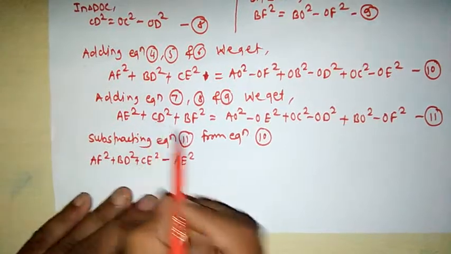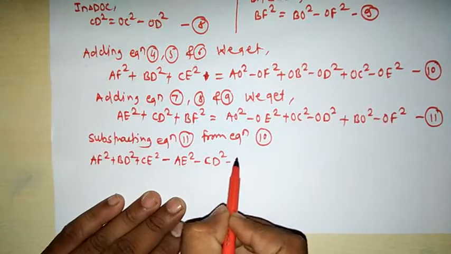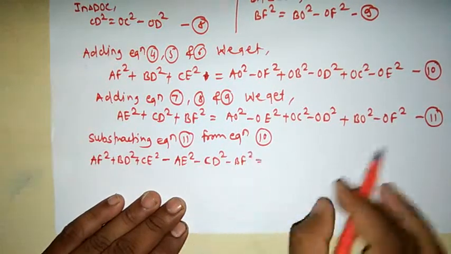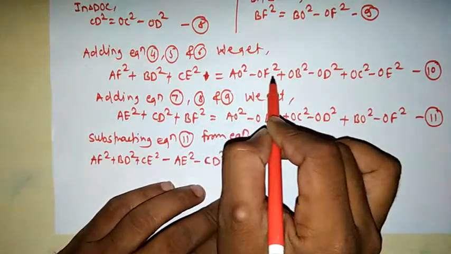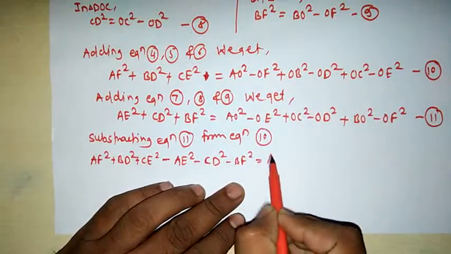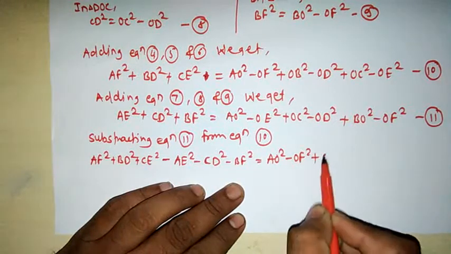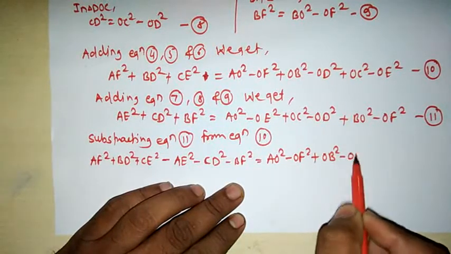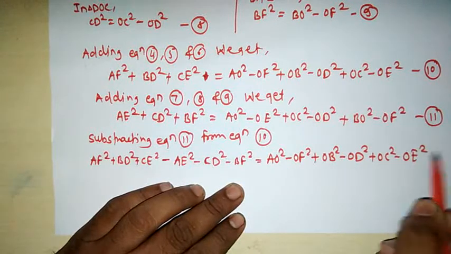Here plus CD square will become minus CD square, and minus BF square is equal to, now first I will write RHS of equation number 10: AO square minus OF square plus OB square minus OD square plus OC square minus OE square.